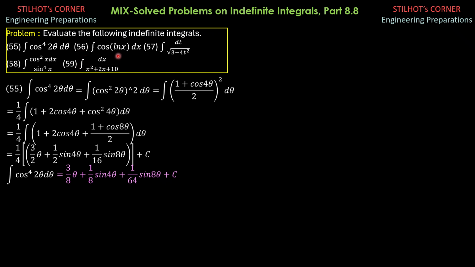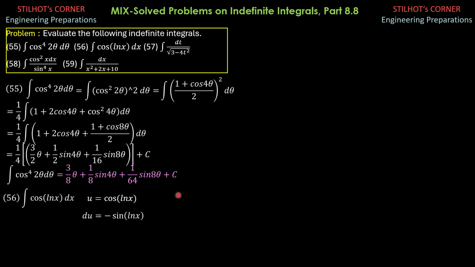We proceed to 56, integral of cosine ln x dx. We evaluate this by integration by parts. We let u be cosine of ln x. The differential is negative sine of ln x times dx over x.